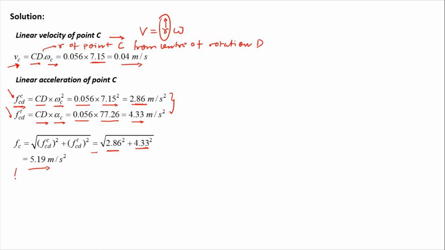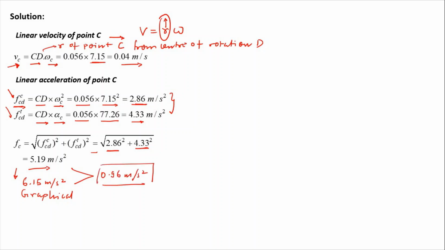If you remember, we took the same numerical problem and solved it using the graphical approach. While solving it graphically, we observed an acceleration value close to 6.15 meter per second square. If you subtract these two values from the graphical and analytical approach, you get an error of approximately 0.96 meter per second square.